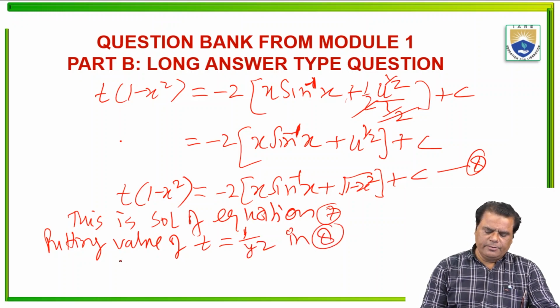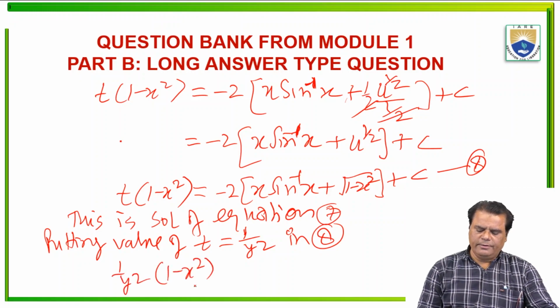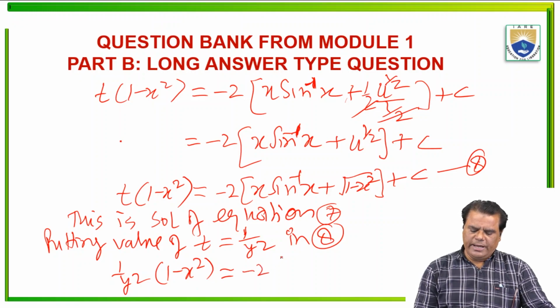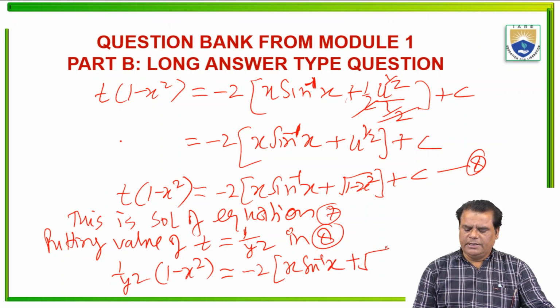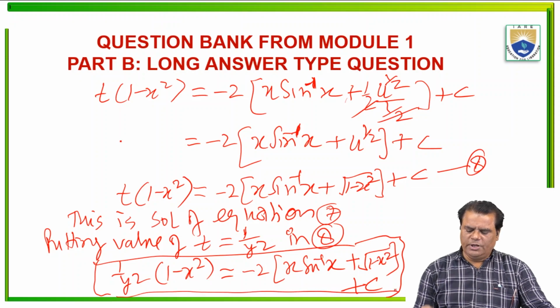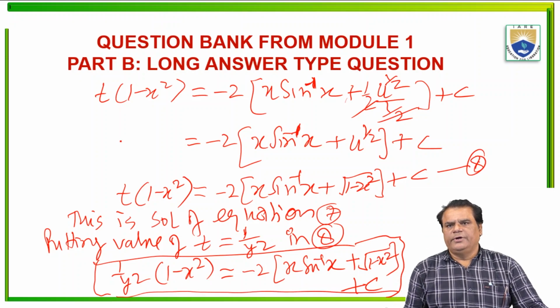Then we get 1 upon y square and 1 minus x square equal to minus 2 x sin inverse x plus under root 1 minus x square plus c. This is the solution of the given problem. This is a complete solution of the given problem.